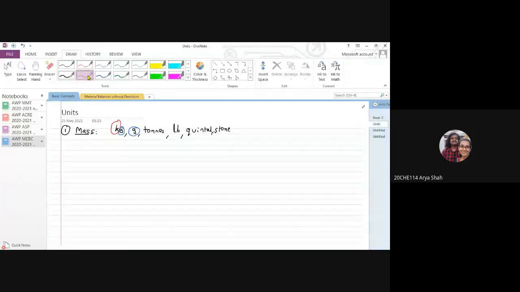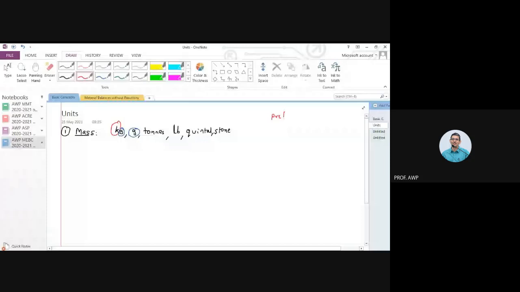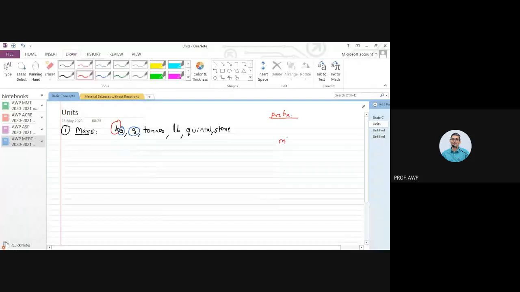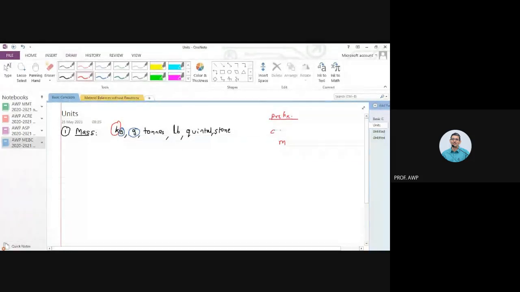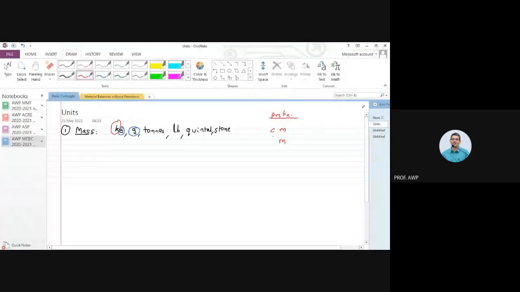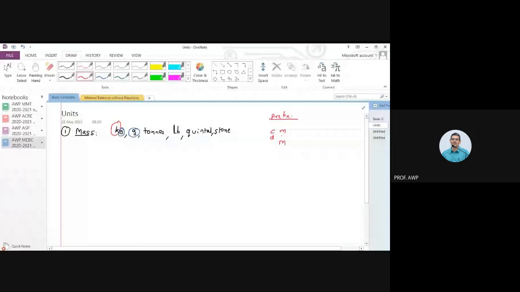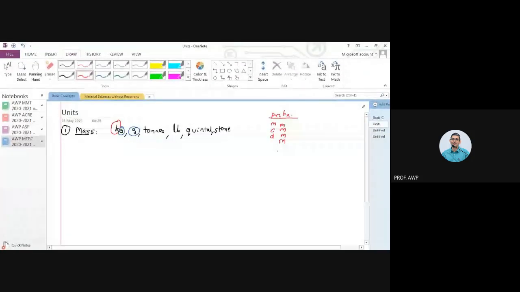What does it tell you? It is a prefix. Prefix, all right. So for example, if I'm talking about meter as a unit, centimeter, centi is a prefix, decimeter is a prefix, millimeter, milli is a prefix.